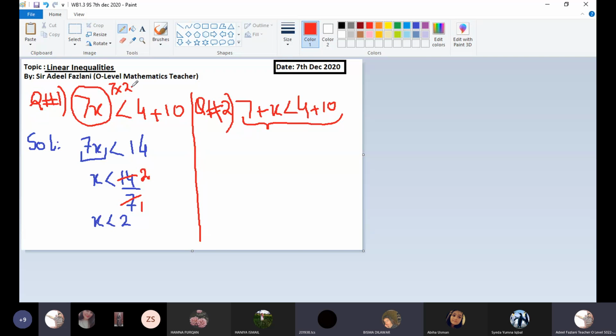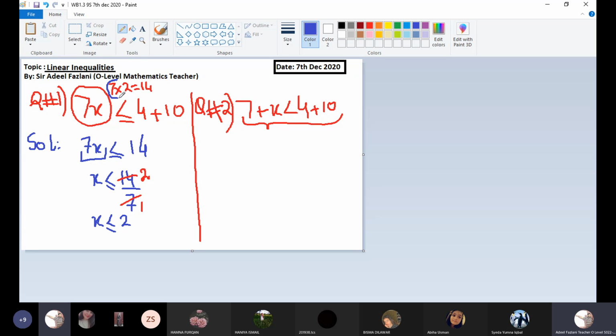So this has to be less than or equals to. Yes or no? Yes. Got it? Excellent work done by Hamna Furqan. This is how you do the cross check of your answer.